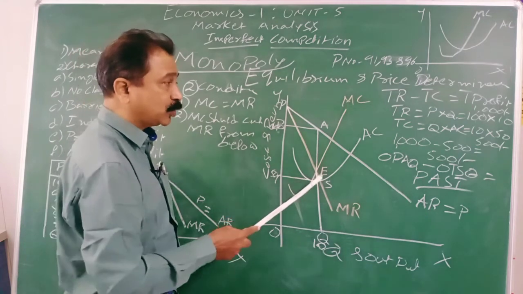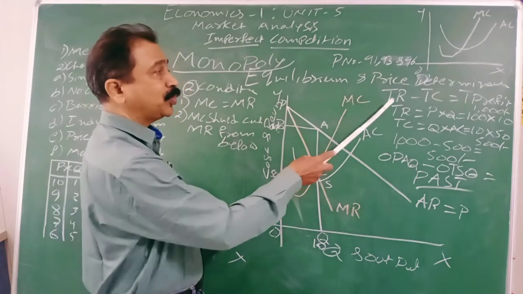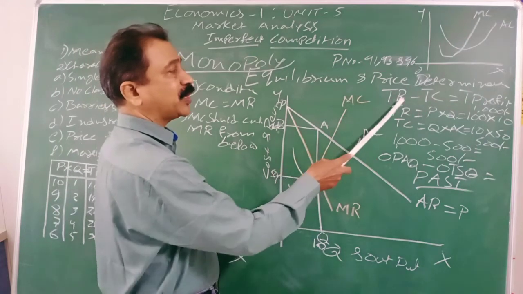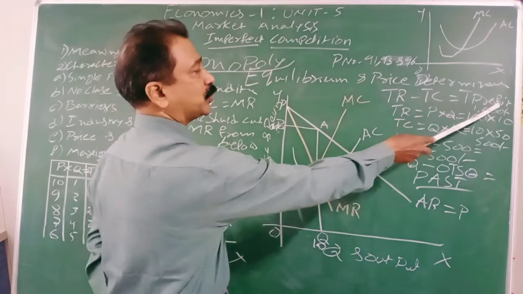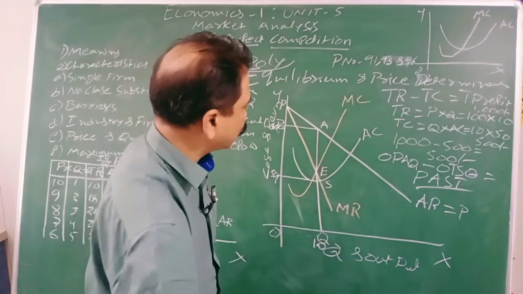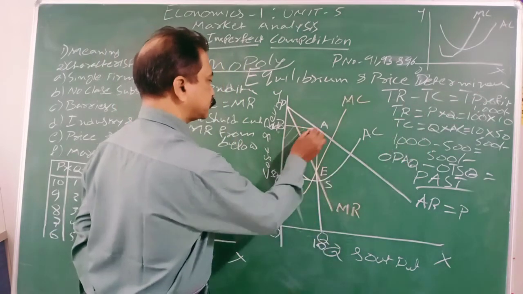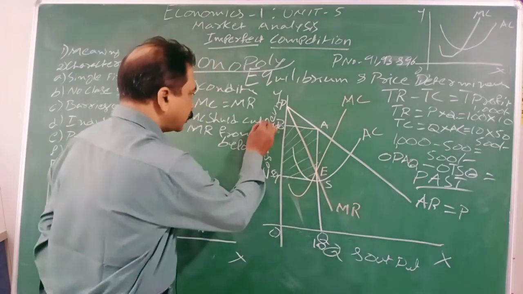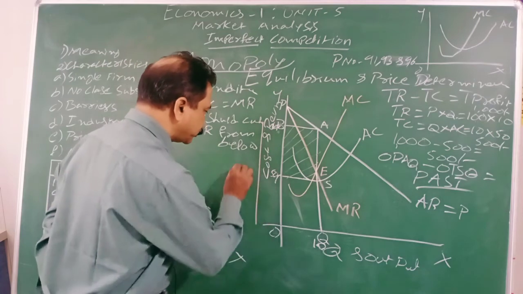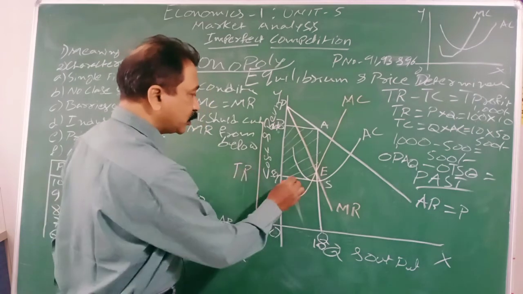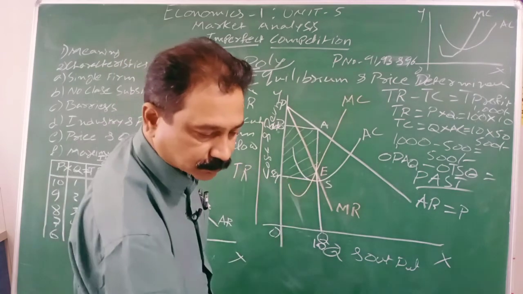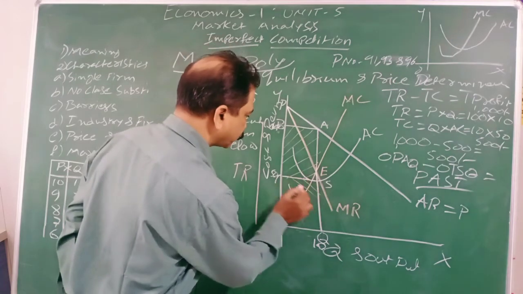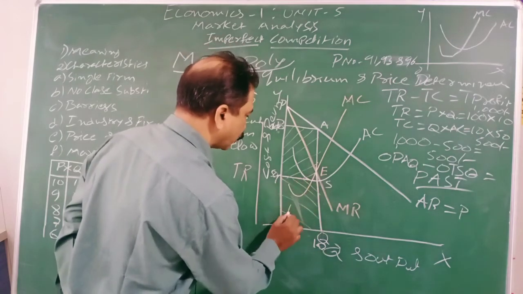Okay, next, to know the profit, we have to take TR minus TC. Total revenue minus total cost is equal to total profit. This is the total profit. This is the total revenue. This is total cost.